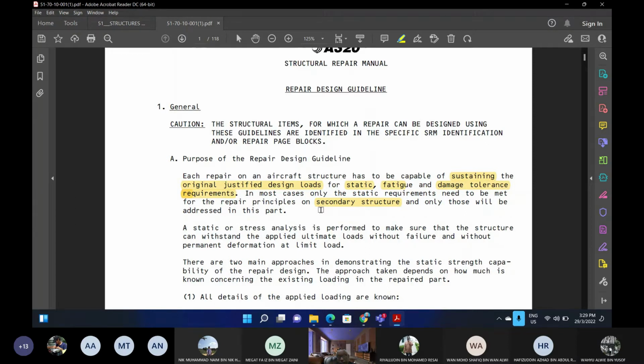person to do. Second, they require more data, because to do fatigue and damage tolerant analysis, you need to have the aircraft flight spectrum data. From the flight spectrum data, we can analyze what will be the inspection interval for the critical crack growth.